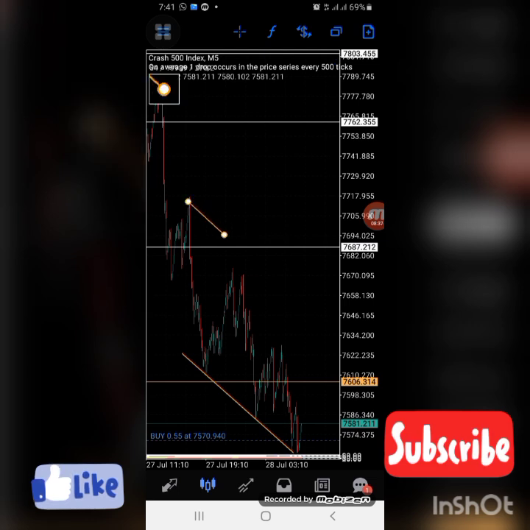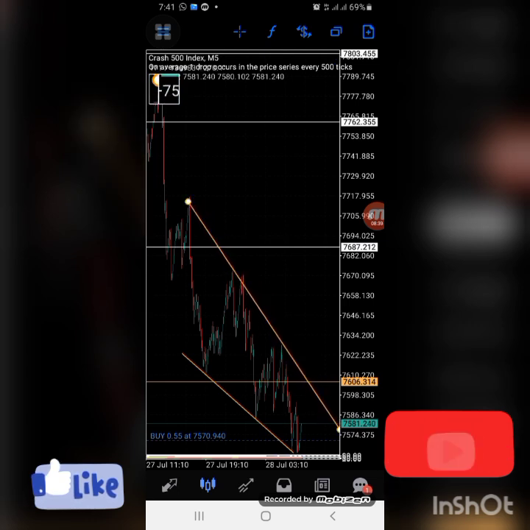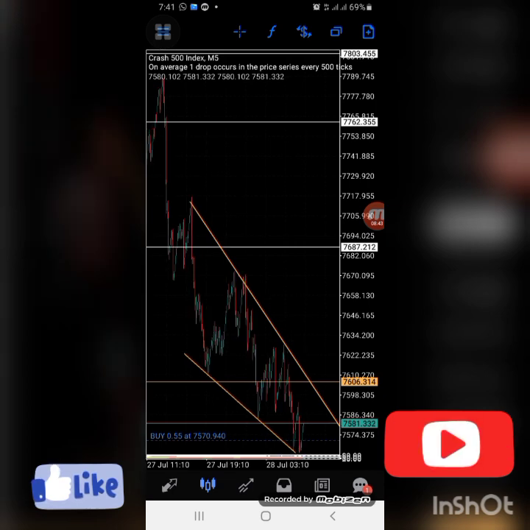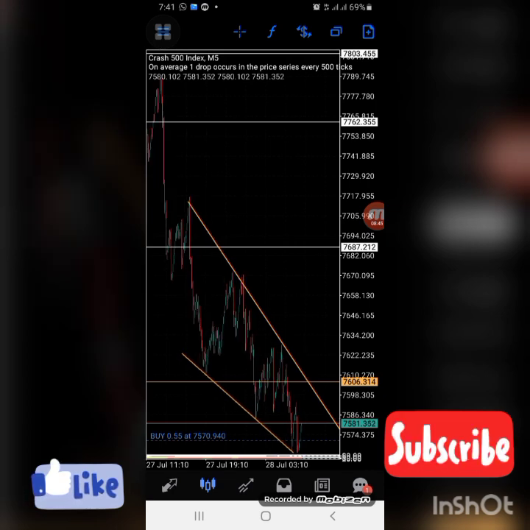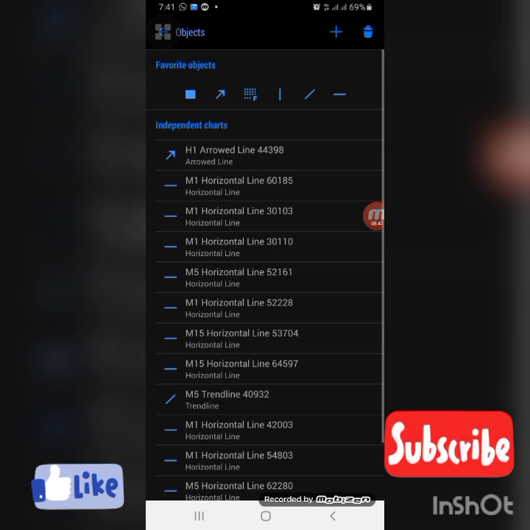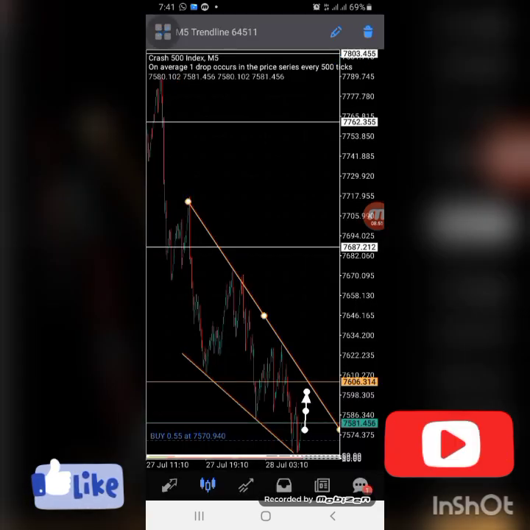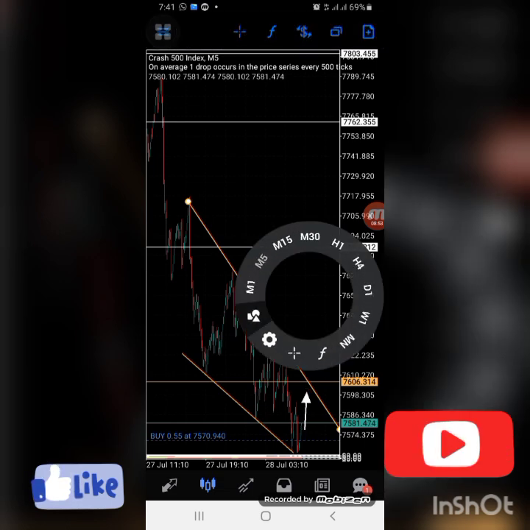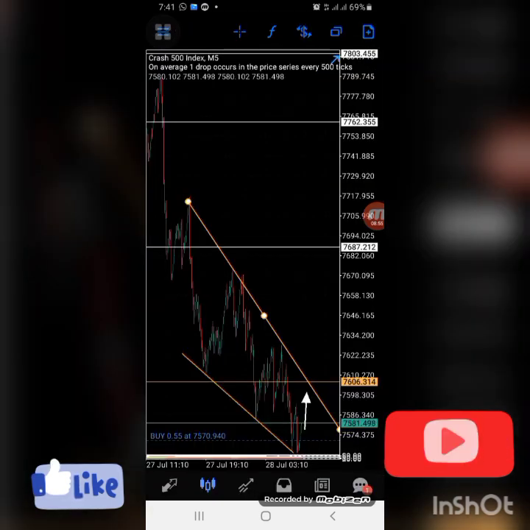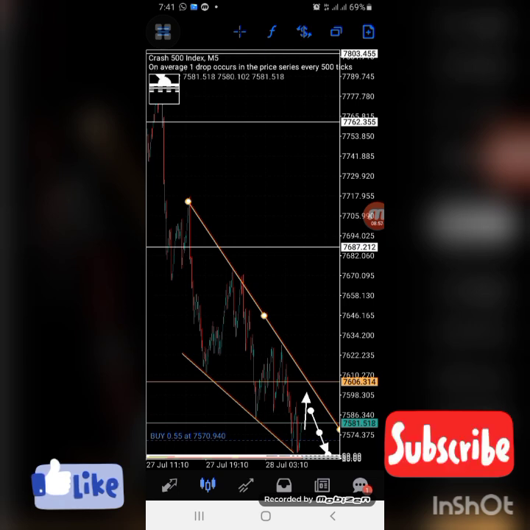Let us also draw the other trend line above the upper trend line. So you see this one too. Now we are actually thinking of this market coming up all the way to this point, and then dropping down like this.